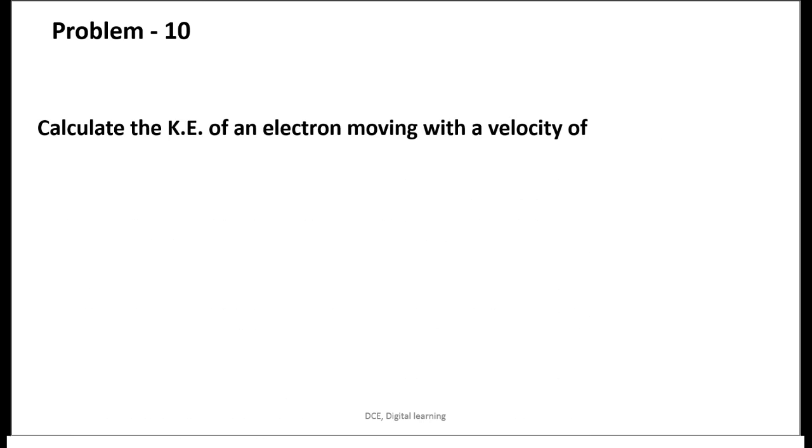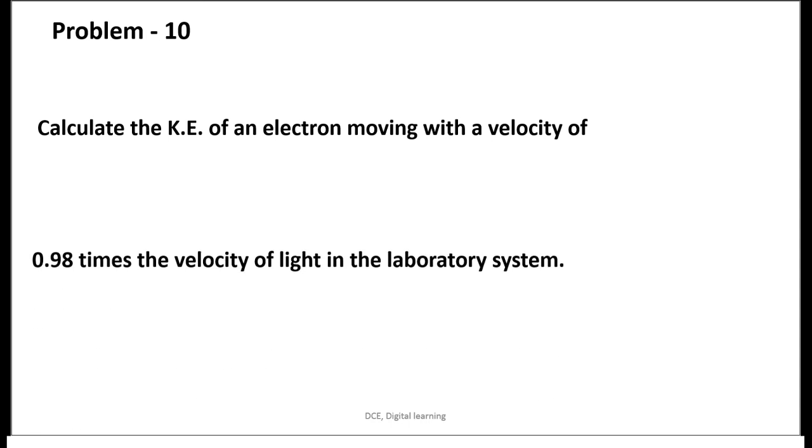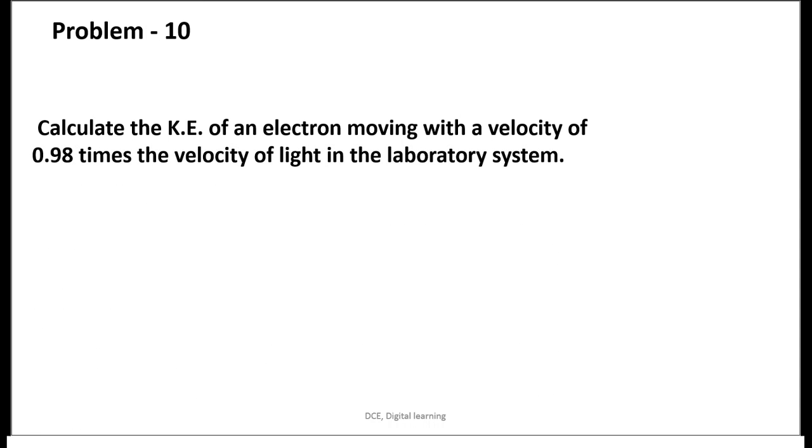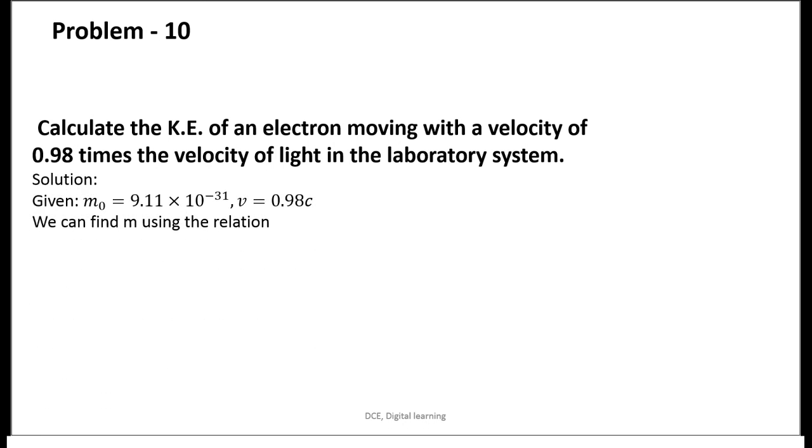Calculate the kinetic energy of an electron moving with the velocity of 0.98 times the velocity of light in the laboratory system. It is given that m naught, the rest mass of the electron, is 9.11 into 10 power minus 31, and the velocity is given as 0.98 times c.